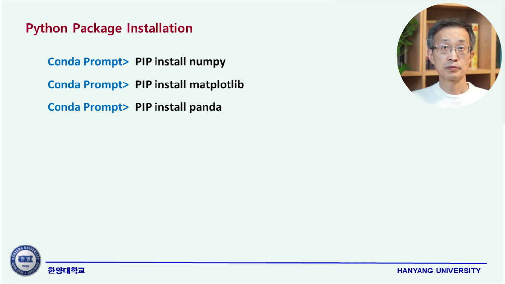In the previous version, as I remember, you needed at least a couple of Python packages, especially NumPy, and also a plotting library, and maybe Pandas, which is kind of a spreadsheet package, and as such.